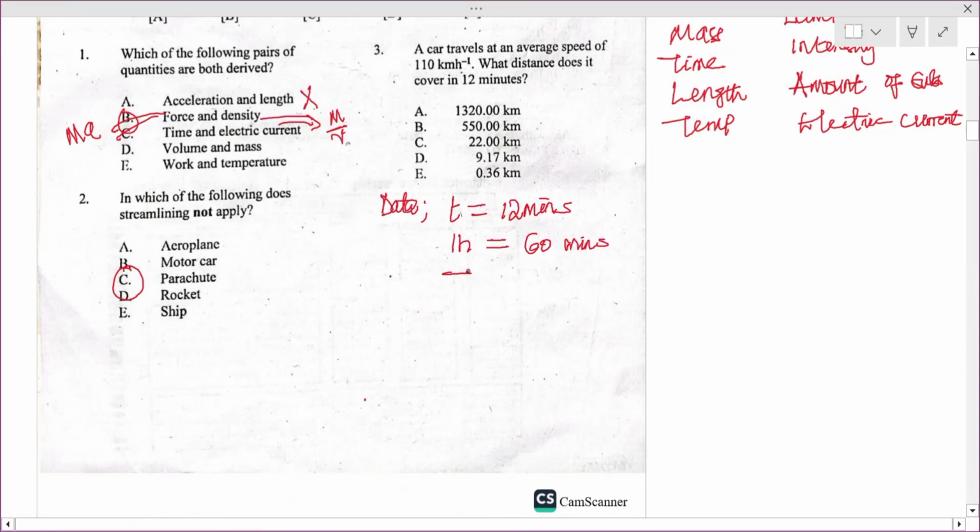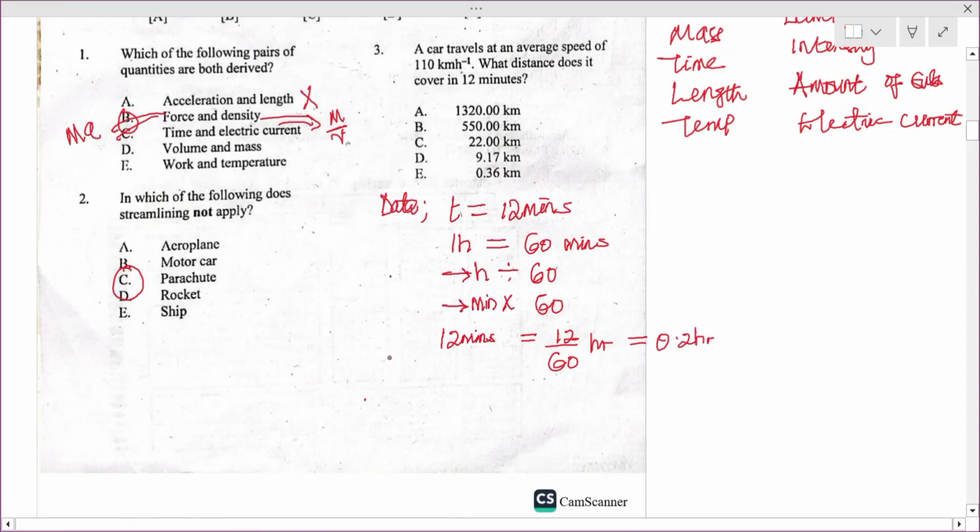When you are going to hour, the bigger one, you divide by 60, and when going to the smaller one, minute, you multiply by 60. So 12 minutes will be equal to 12 divided by 60 in hours, which gives 0.2 hour.